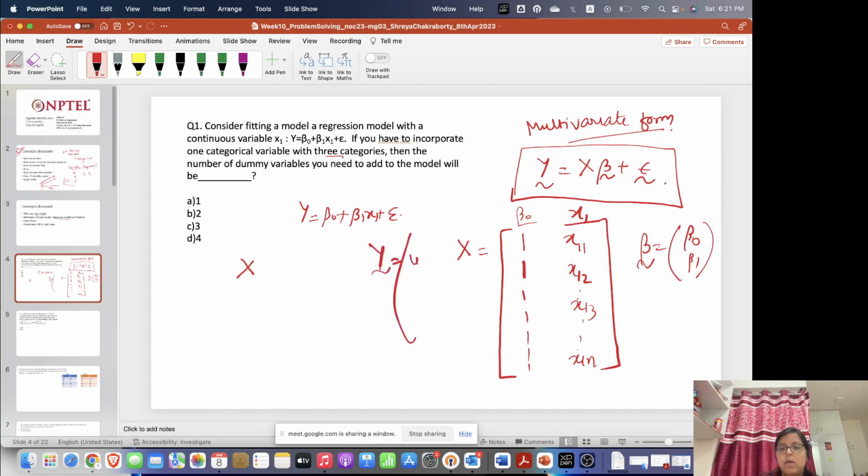Y would be y1, y2, and so on; these are observations. Then y1 would be beta naught plus x11 into beta 1, plus epsilon 1, and epsilon would be epsilon 1, epsilon 2, up to epsilon n. I hope this multivariate form is clear to you.